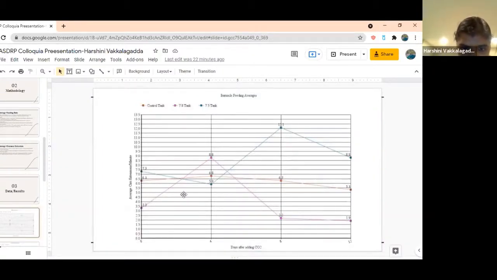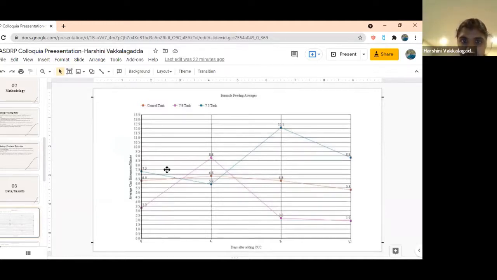From 0 to 4 days, the cirri count does not change much for the control tank, which is orange, going from 6.3 to 6.8 cirri extensions per minute. It decreases a little bit from 6.8 to 6.3 cirri extensions, and then it goes from 6.3 to 5.3. So the data is pretty steady for the control tank.